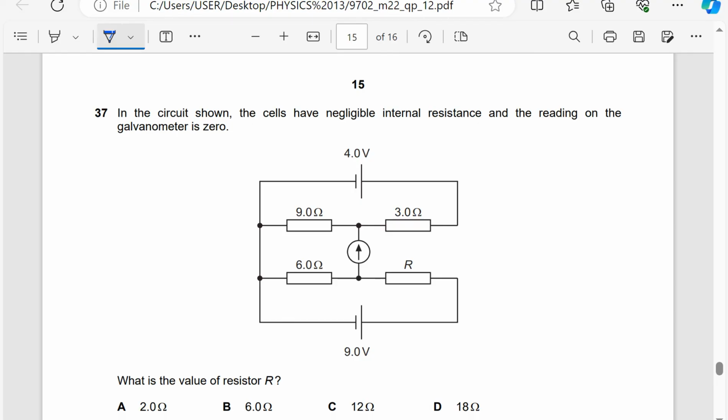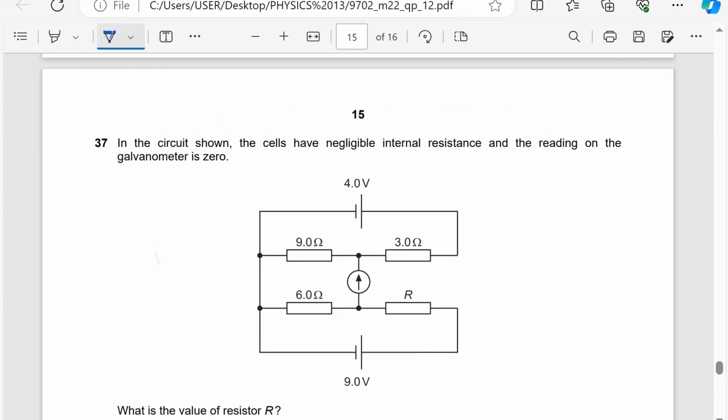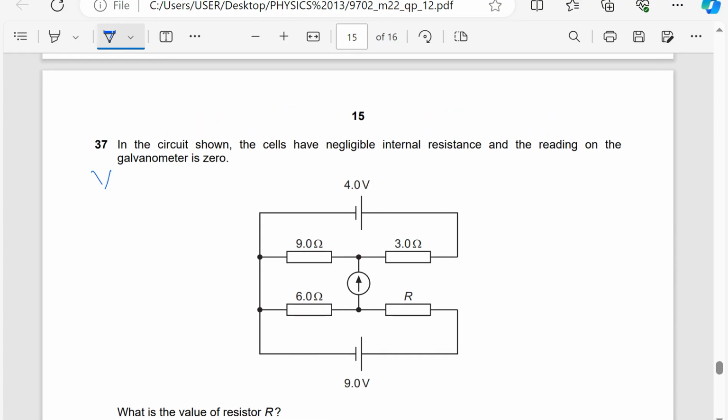So the PD across the 9 ohms is the same as the PD across the 6 ohms, not 6 volts.